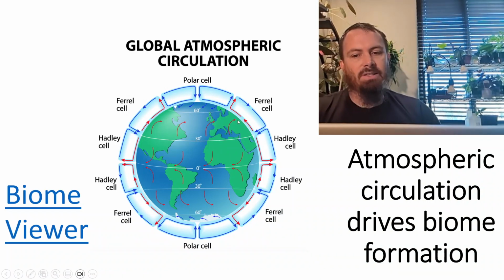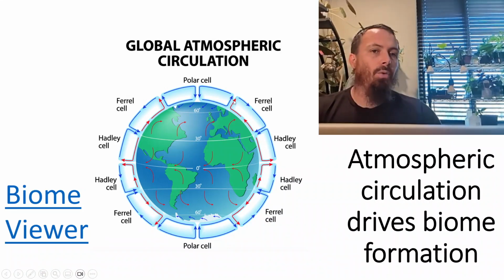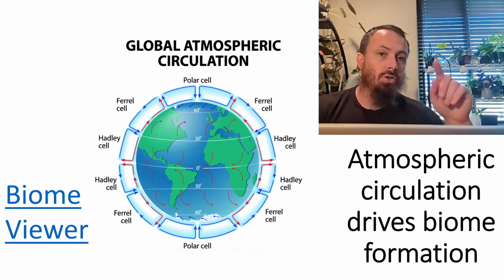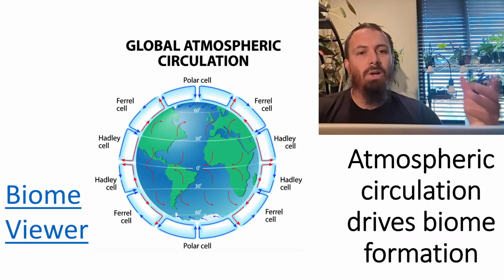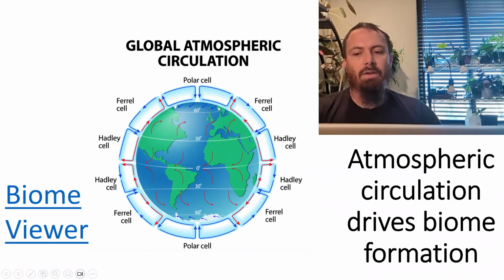Now, the air mass is going to move up or down again. At 60 degrees, it's going to go up. Again, air goes up, pressure goes down, volume goes up, temperature goes down, water holding capacity goes down, and that's going to create rainfall. And so we get a lot of boreal forests in this region, right? And then the air mass again moves north to south.